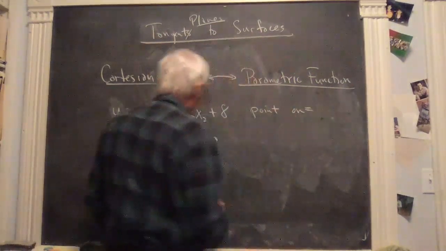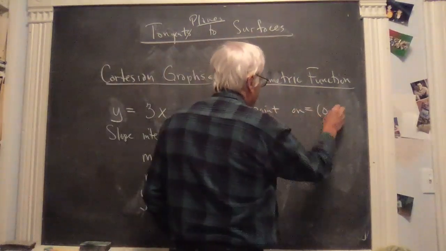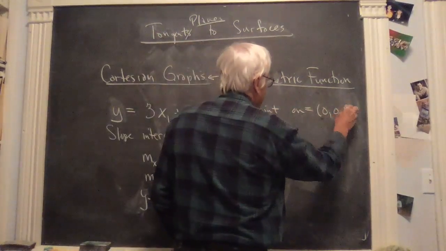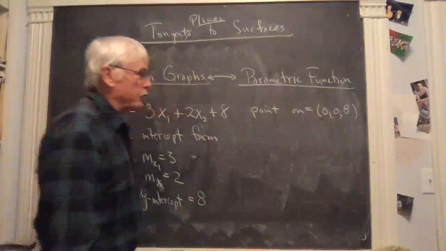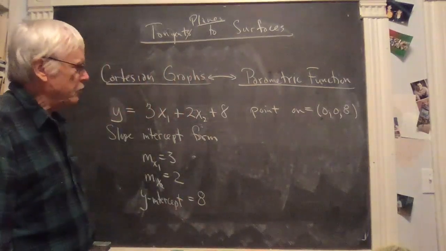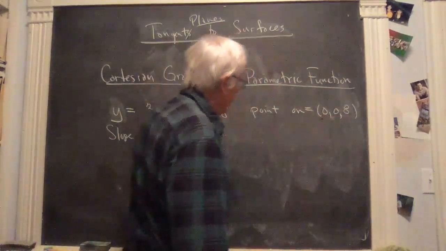And for the point on, let's use the y-intercept. So if x1 and x2 are both 0, then the intercept is 8. So the point on is 0, 0, 8. That's what this y-intercept means: at the origin, the height will be 8.